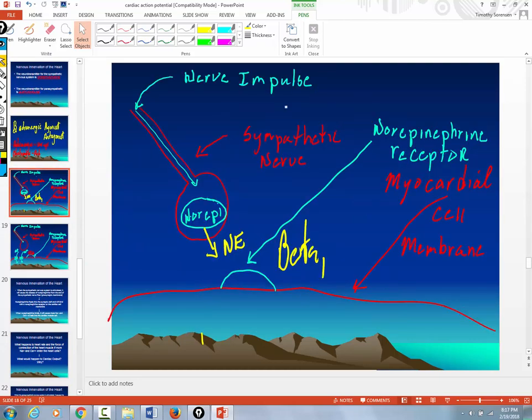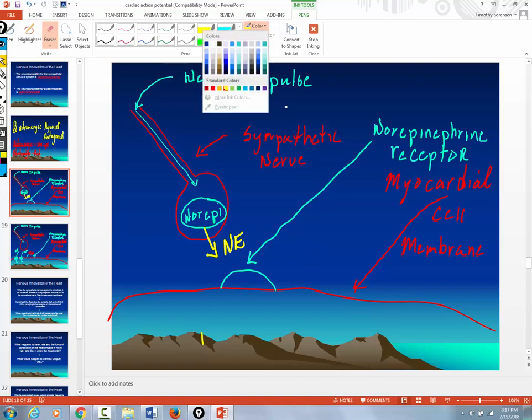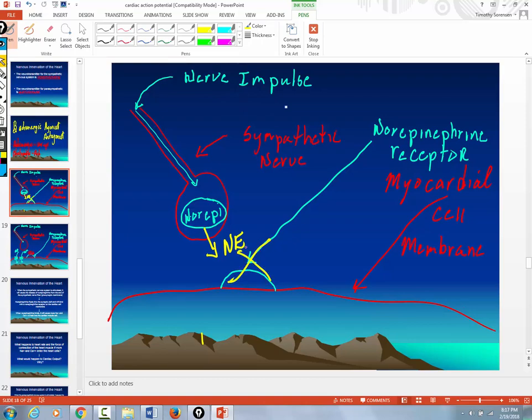Do you always have a little epinephrine and a little sympathetic stimulation? Yes, you do. So, if you were to give somebody a medicine that blocked beta 1 receptors in the heart, that would be a beta adrenergic antagonist, better known as a beta blocker.